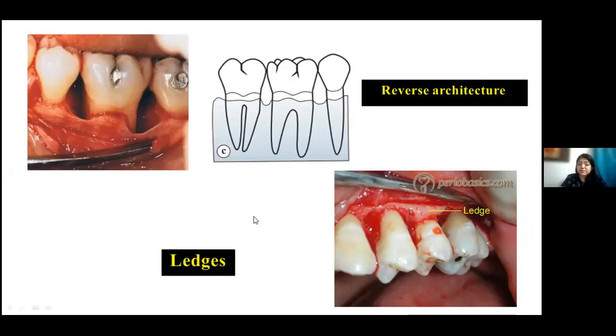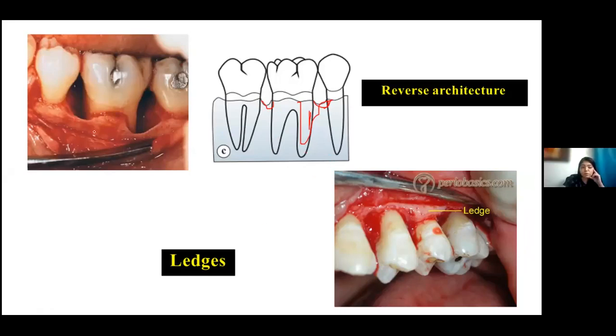If it is like what is seen in this picture, see, right? This is not a trench till here. If it is, then yes, this becomes a trench. Ma'am, does reverse architecture have a positive architecture?